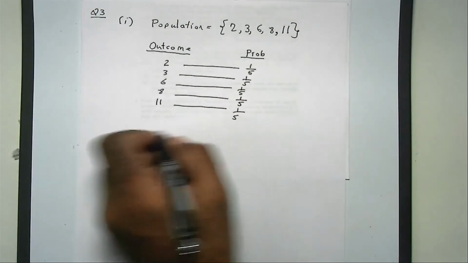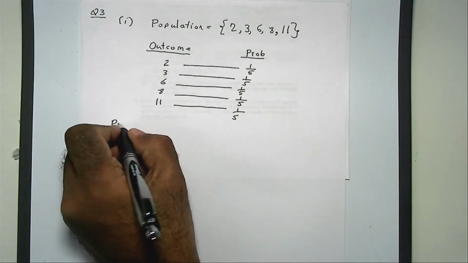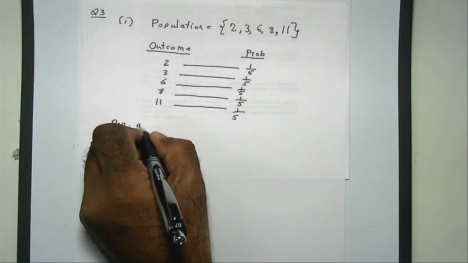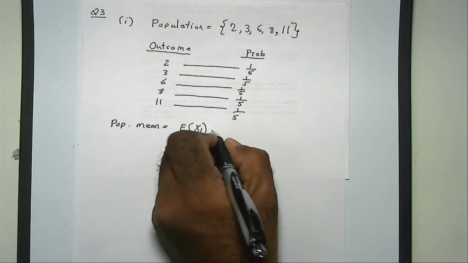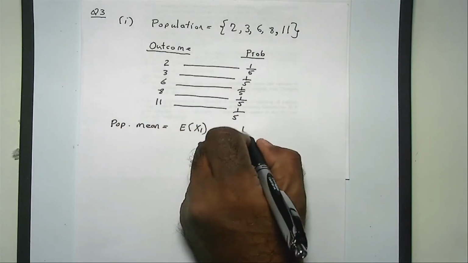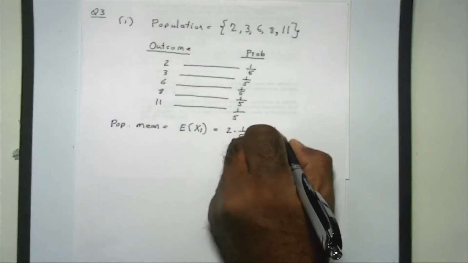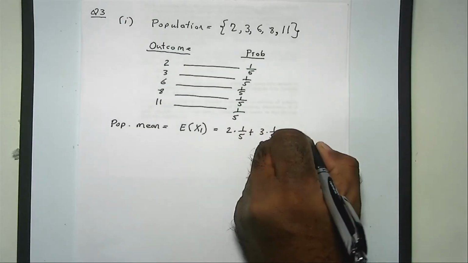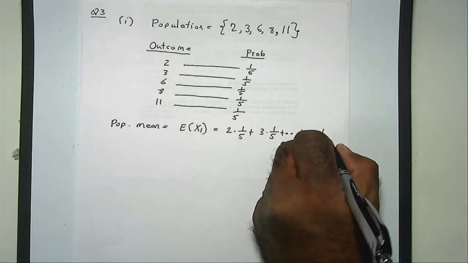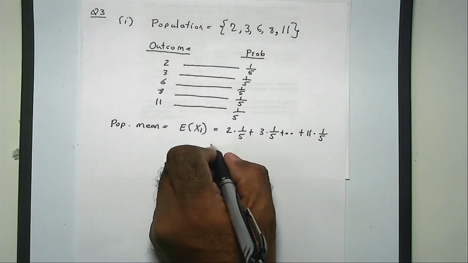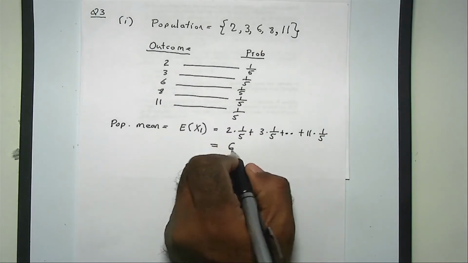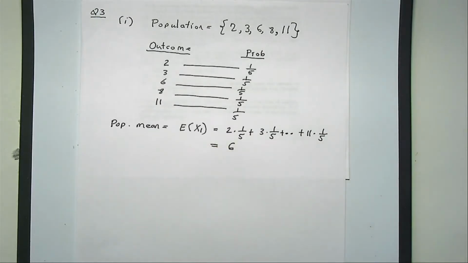All right, so the population mean, which is basically the expectation of x1, is going to be 2 times 1 over 5 plus 3 times 1 over 5 up to 11 times 1 over 5. Alright guys, so you should compute this. You will get this to be equal to 6. So that's the population mean. So that answers the first part.